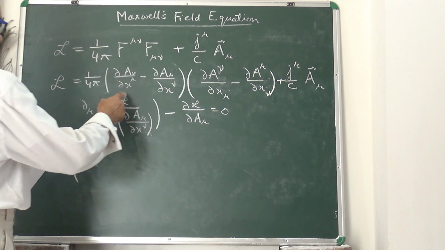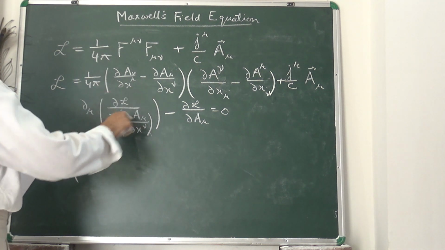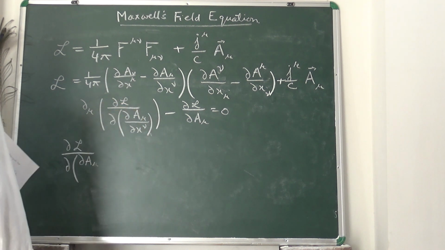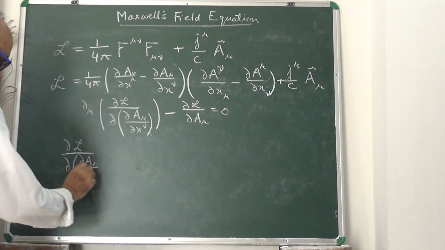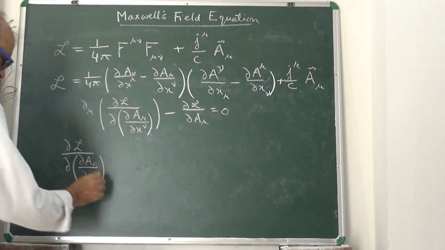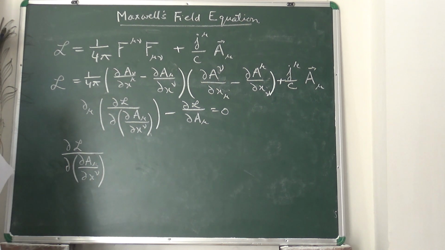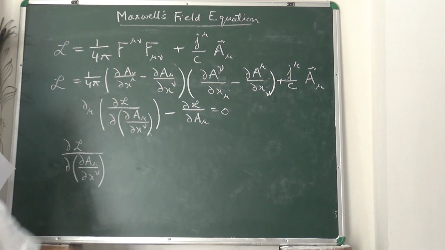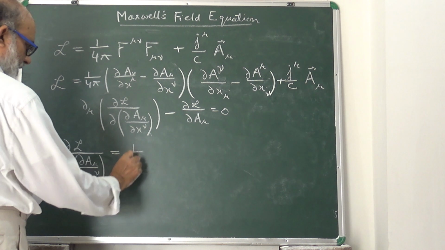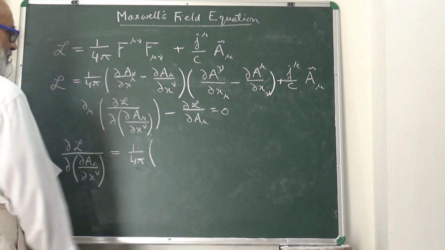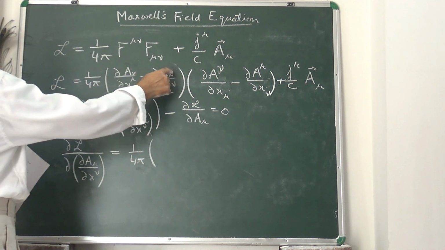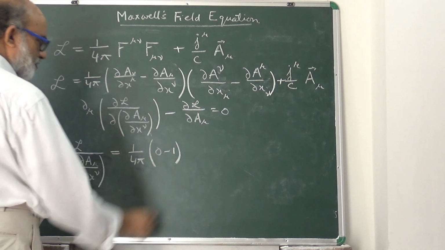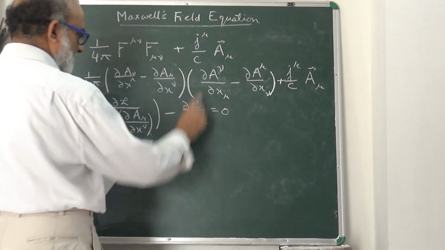So first of all, work out this one, the variation of the Lagrangian with respect to this value. You will differentiate this one, you will get 1 by 4 pi. This one will be differentiated, this will be 0, minus 1, and this remains as it is.